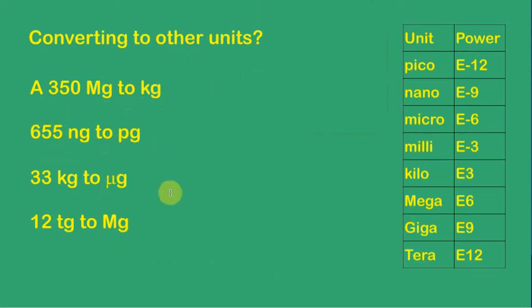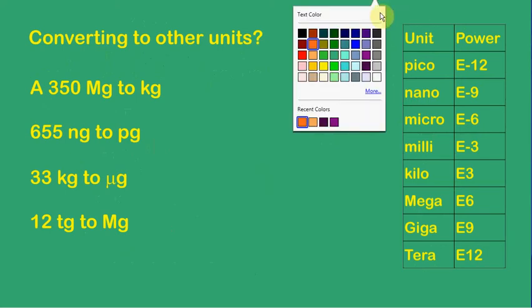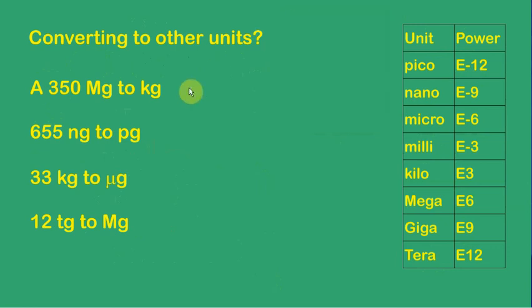Now, if you're converting to other types of units, that's where things get a little bit on the tricky side. I'm going to change some settings around here to show you those. So how do we convert to other units? Let's say I wanted 350 megagrams to kilograms. You still start off with 350, and you have megagrams, so that's E6, and you're converting to kilograms.